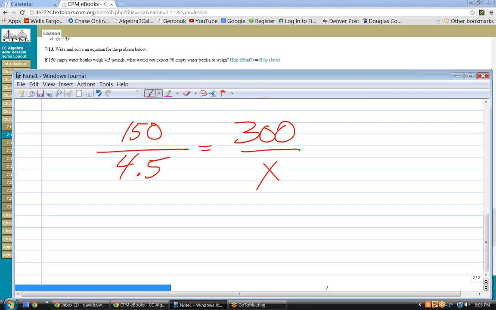In this case, they're giving us a number that's not a multiple of 150, it's a fraction of 150. So it's a little harder to solve, but it's still a ratio problem. Whatever this ratio is, no matter how many empty bottles I have, it's going to be in that ratio. And now, how do I solve this equation?